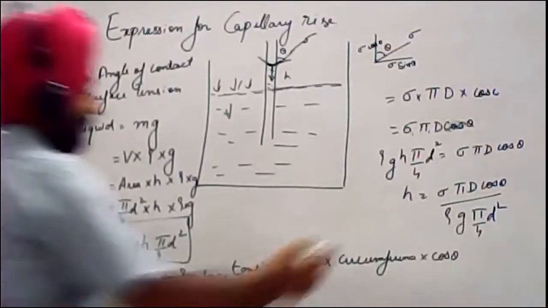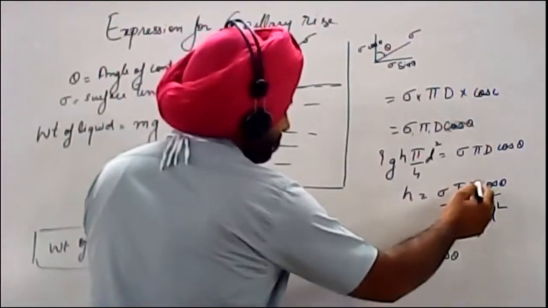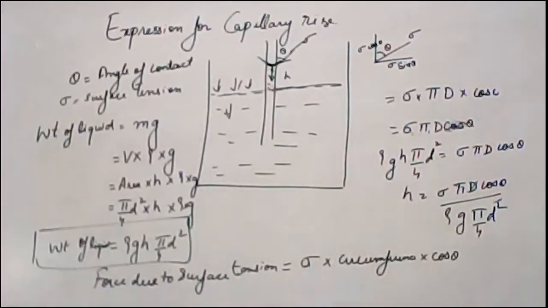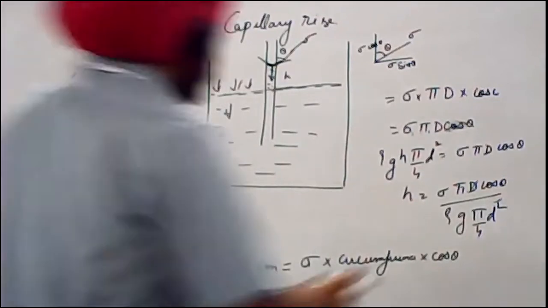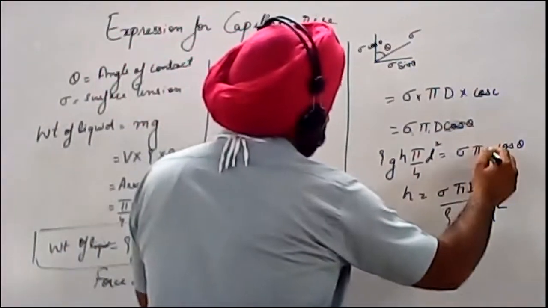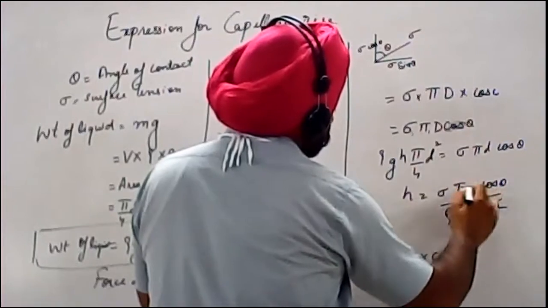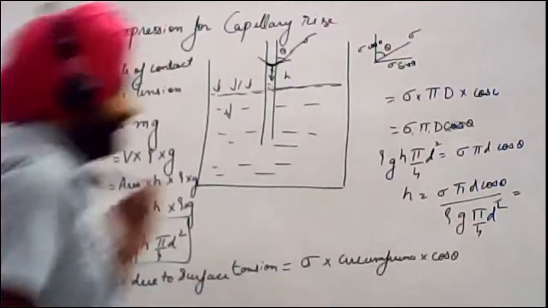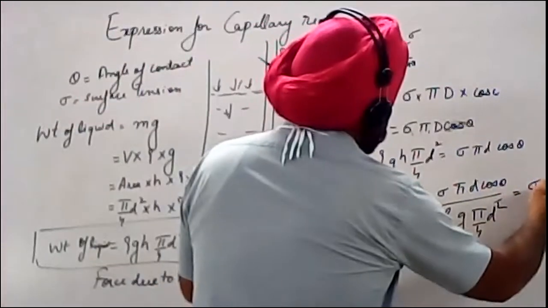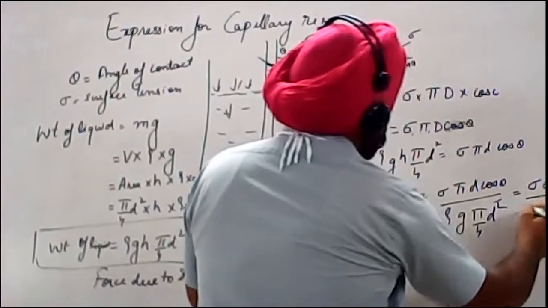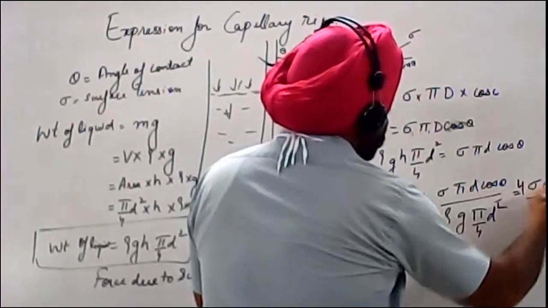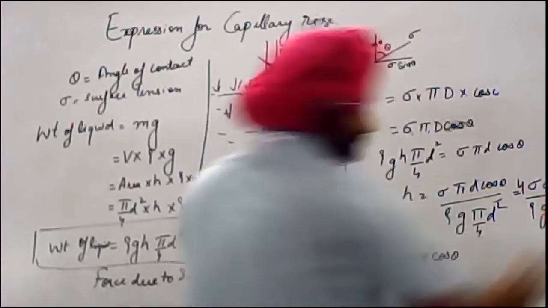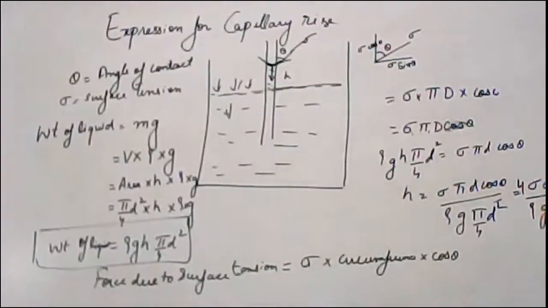Now in this, pi can be cut from top and bottom. Pi d on both sides, it is the same d. Small d can be cancelled here also. So you are left with 4 sigma cos theta over rho g into d.